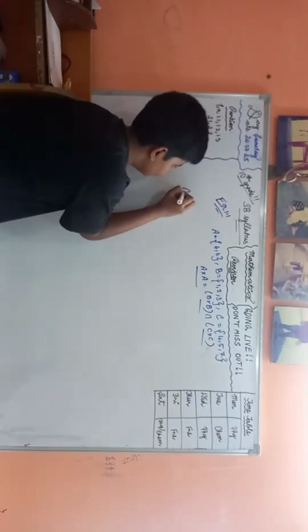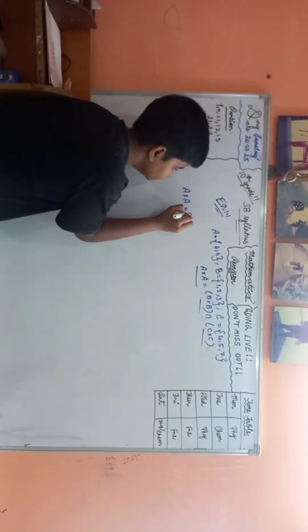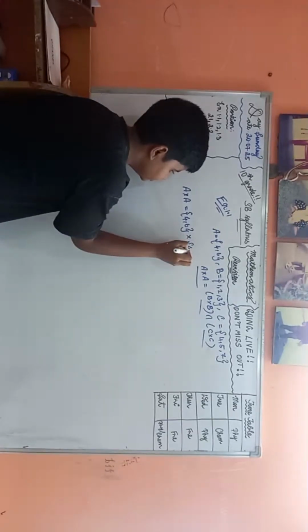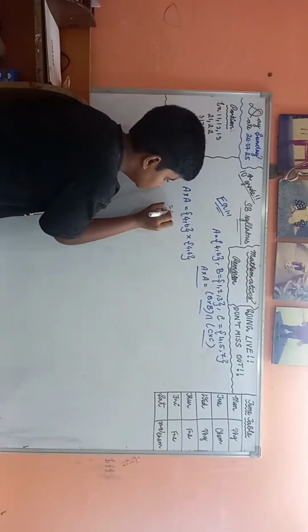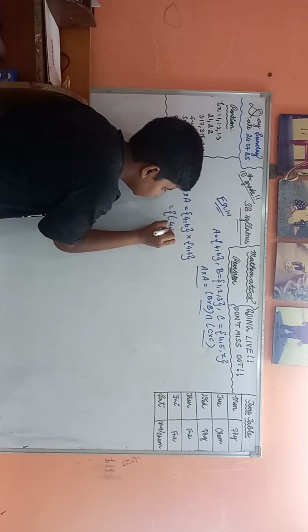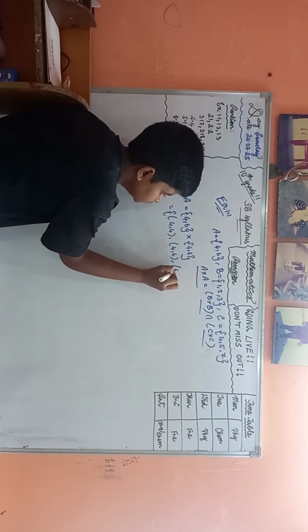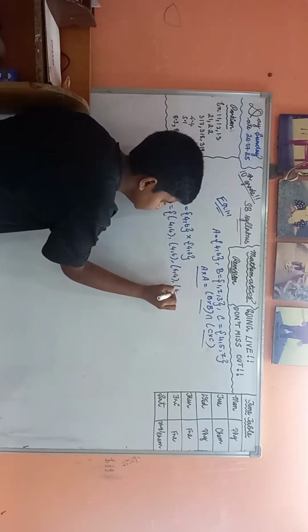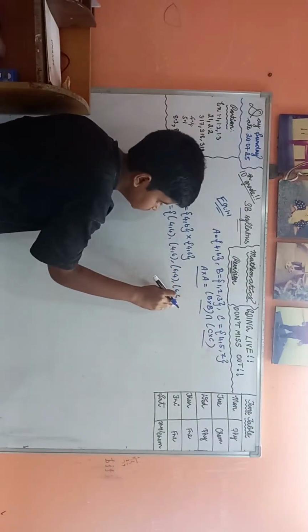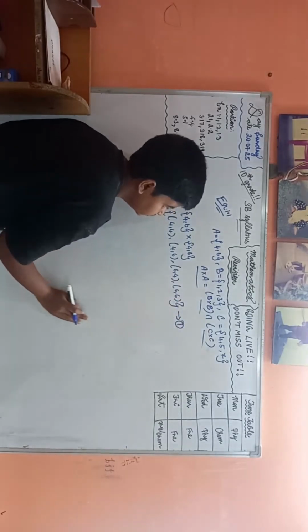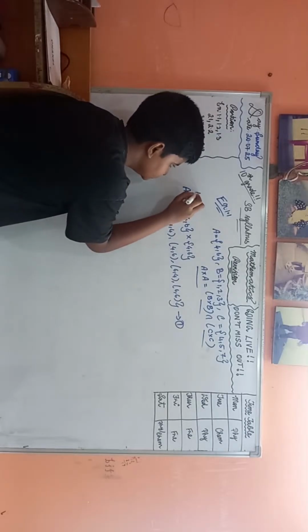So A into A will become 4, 6 into 4, 6. Then 4, 4, 4, 6, 6, 4, 6, 6. This is the LHS.